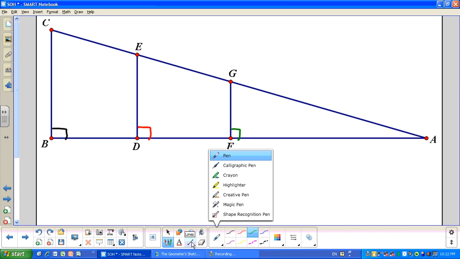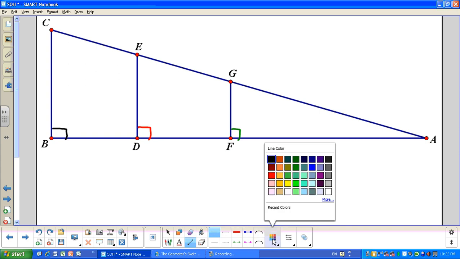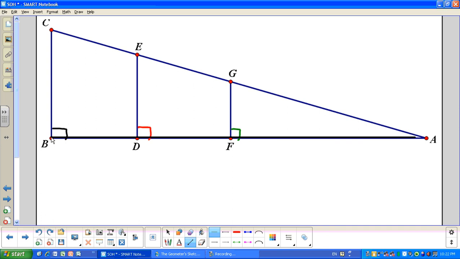Another thing that I need you to see, I need you to look at the three triangles. The big one is B, A, C, goes here, and back to B. So that's my first triangle over there.